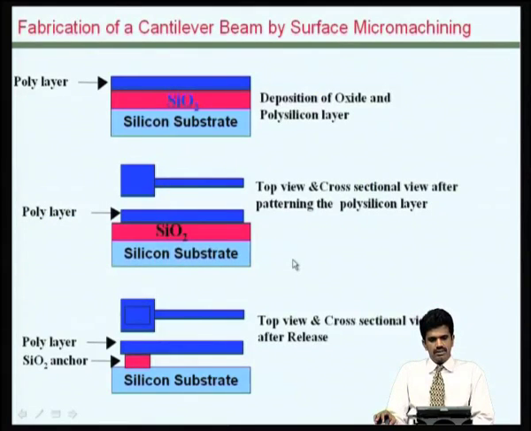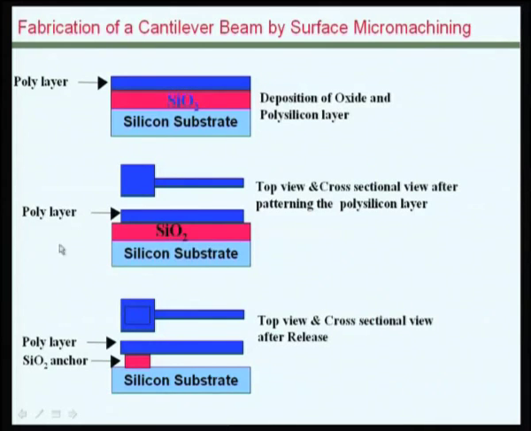On the other hand, when thin microstructures are required, we look for surface micromachining. In this example, cantilever structures are formed where polysilicon is used as a structural material and silicon dioxide can be used as the sacrificial material.